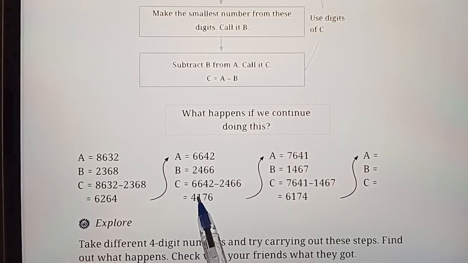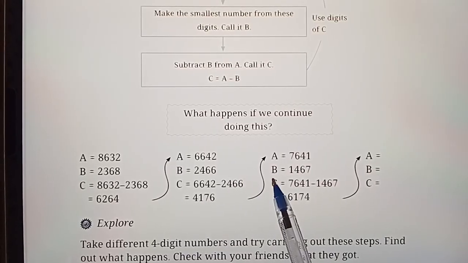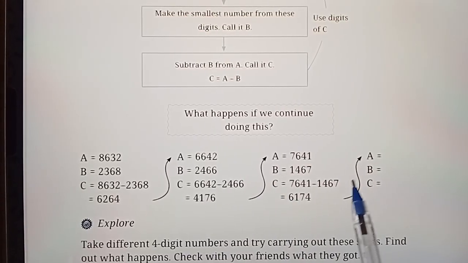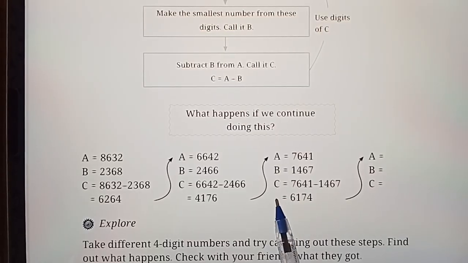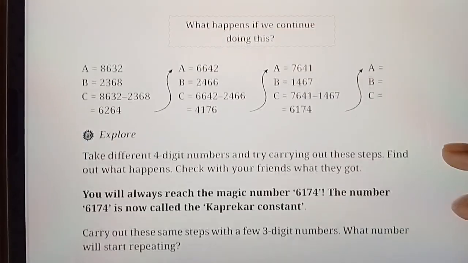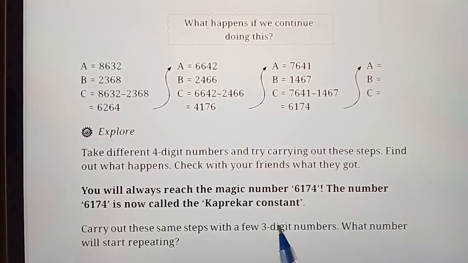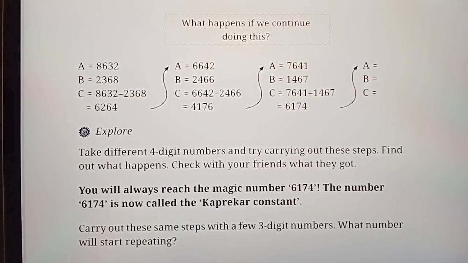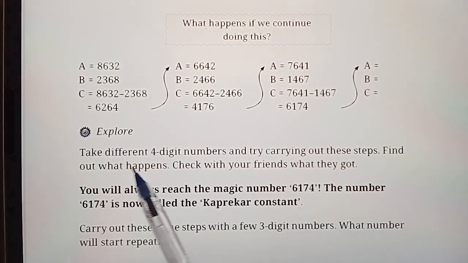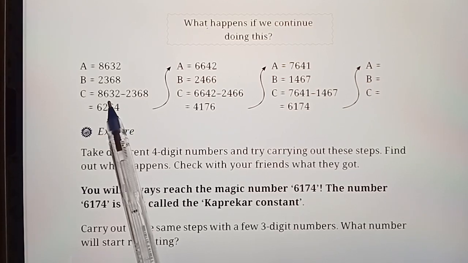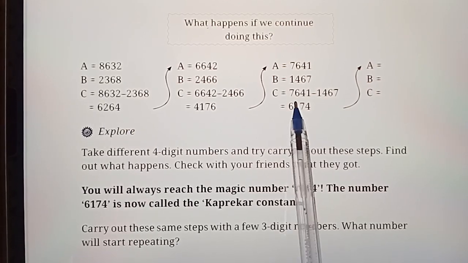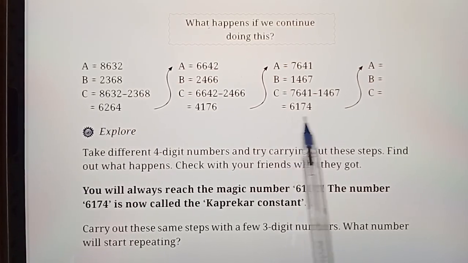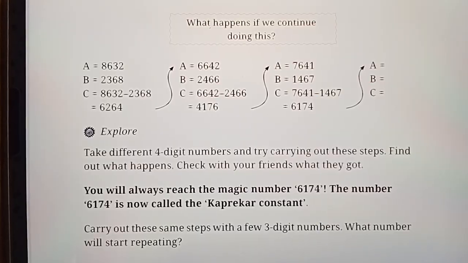Next, take this value and do the same process, and somewhere while doing this process, you will get the number 6174. This is known as the Kaprekar constant, because Kaprekar found out that whenever you take a 4-digit number and do this pattern, somewhere you will always get the number 6174. So this is known as the Kaprekar constant.